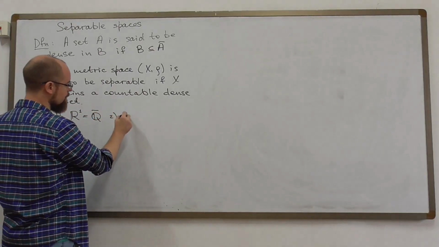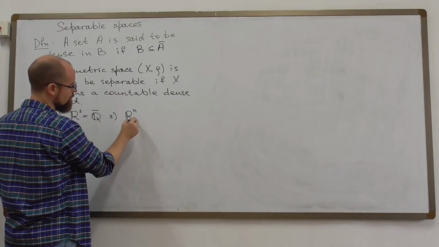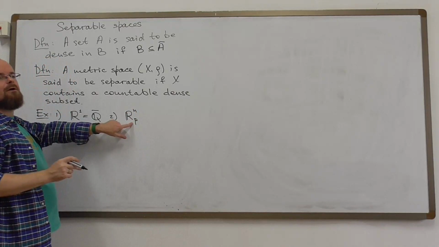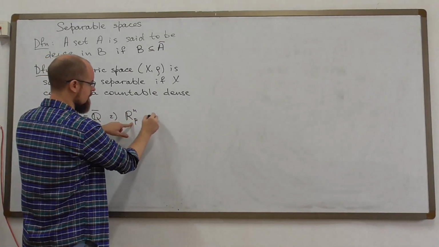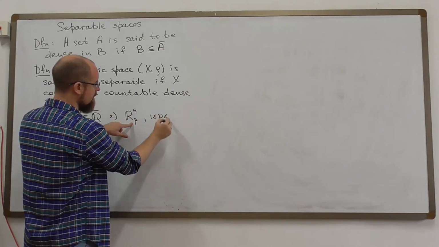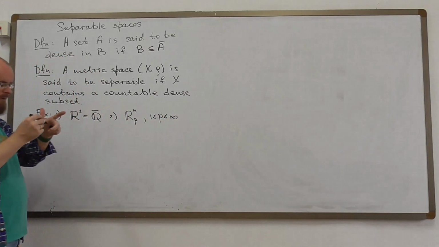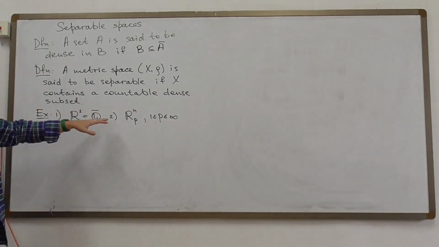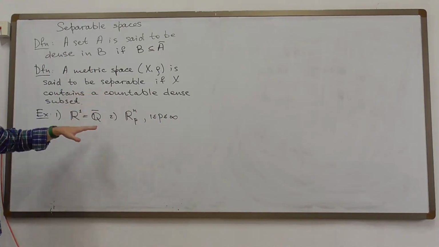The same story for Rn. I will write over here p, showing that it's with the p metric, for every p from 1 to infinity, including infinity. These spaces are separable, and the countable dense subset is constructed based on rational numbers.